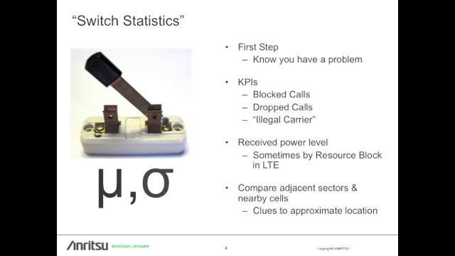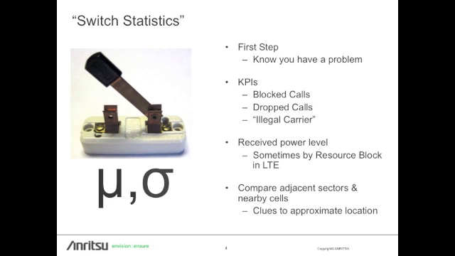Okay, let's talk about switch statistics. That's, as I mentioned, the first step to know you have a problem, and that can be what are called KPIs or key performance indicators, things like blocked calls or drop calls, a call that's running and then gets stopped in the middle. I've seen systems for public safety say things like illegal carrier from the monitoring system. That's another switch statistic type thing.